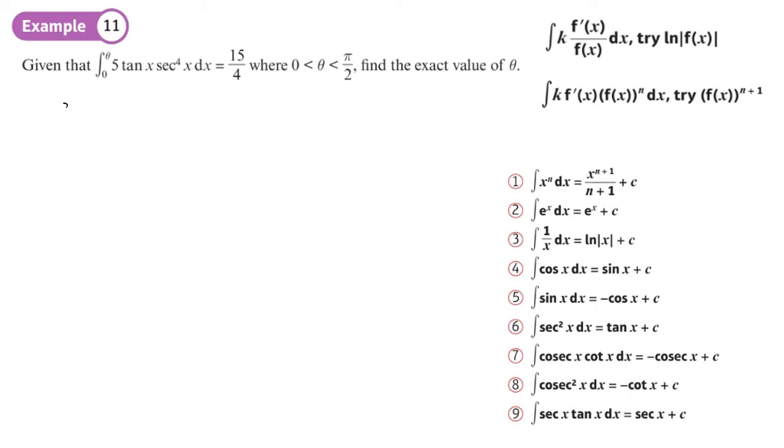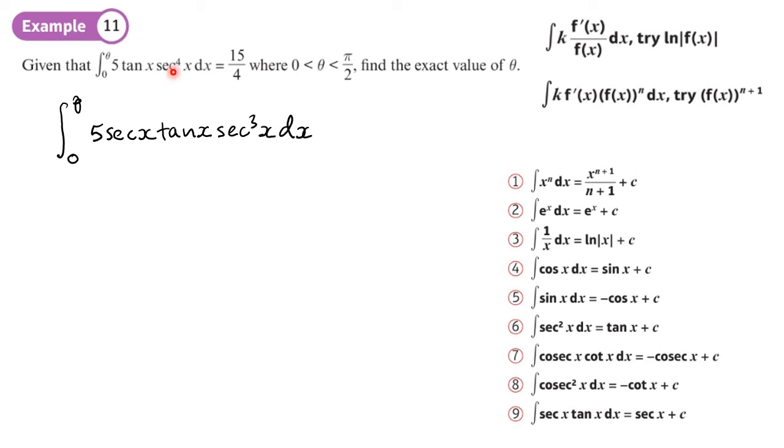Now the first thing I'm going to do, so from 0 to theta, I'm going to write it as 5 sec x tan x times by sec cubed x. So all I've done is write it in a different way.